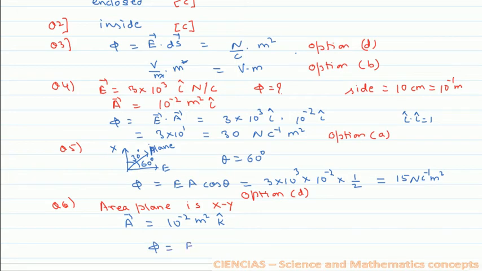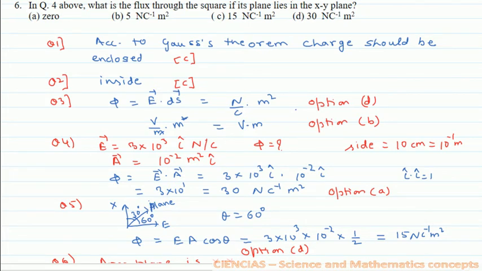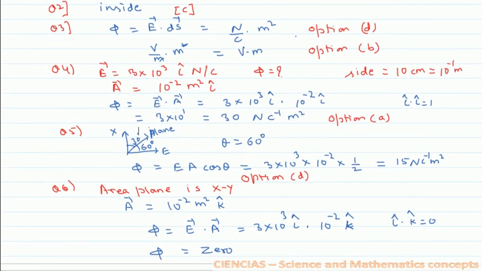Flux is given by E dot A. E is 3 into 10 to the power 3 i cap, area is 10 to the power minus 2 k cap. We know i dot k is equal to 0. Therefore flux in this part becomes 0. In the question we have 0 as option A, so option A will be the correct option.